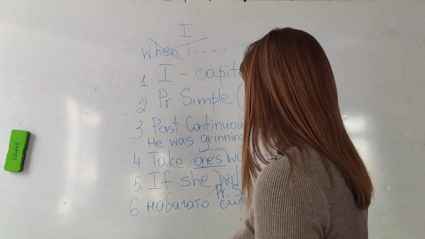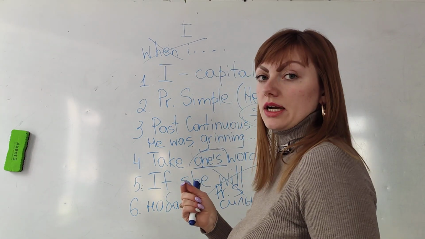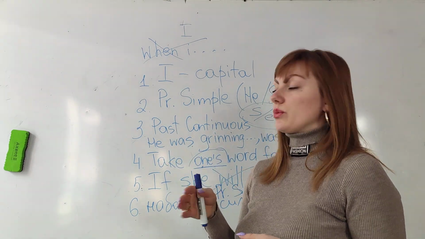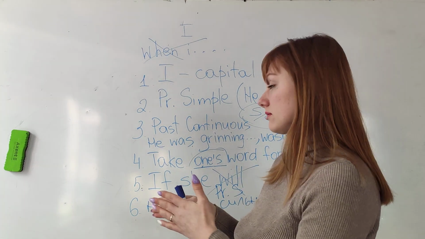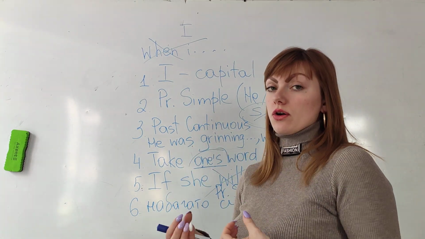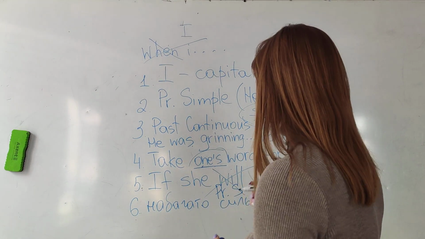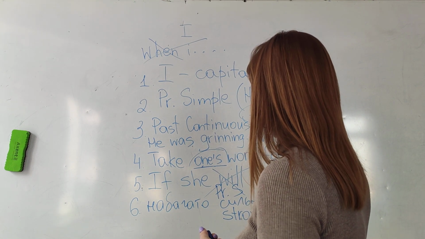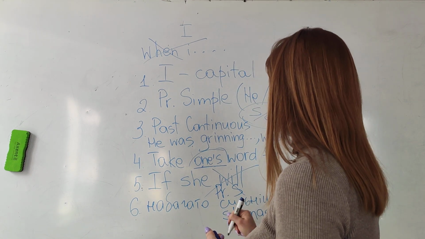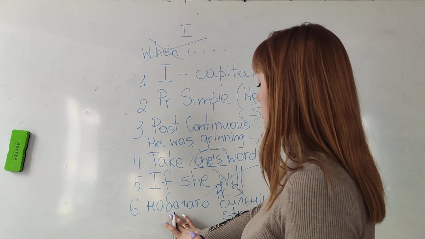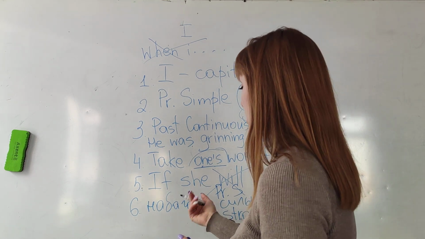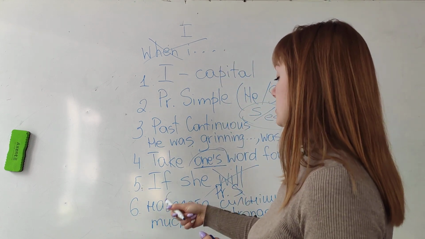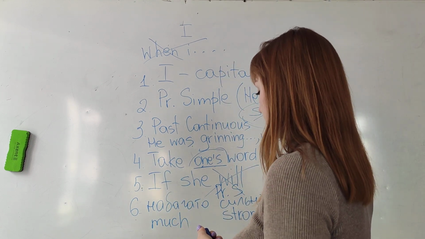So, you have сильніший, так? Тобто це вищий ступінь порівняння прикметників. We have, for example, strong, сильний, stronger, сильніший, і нам потрібно лише написати набагато. Набагато буде much. And you write, he is much stronger.